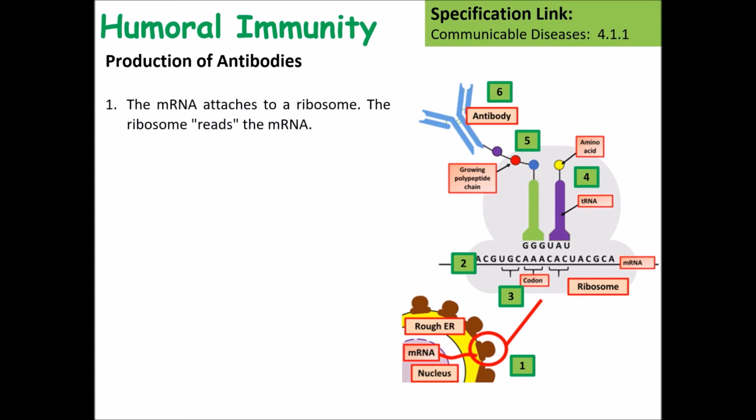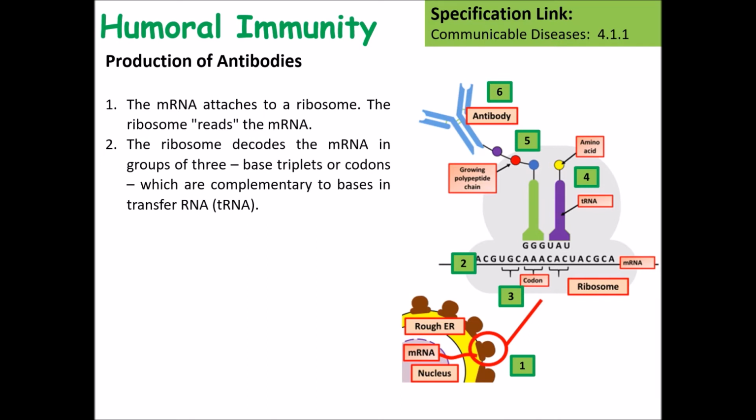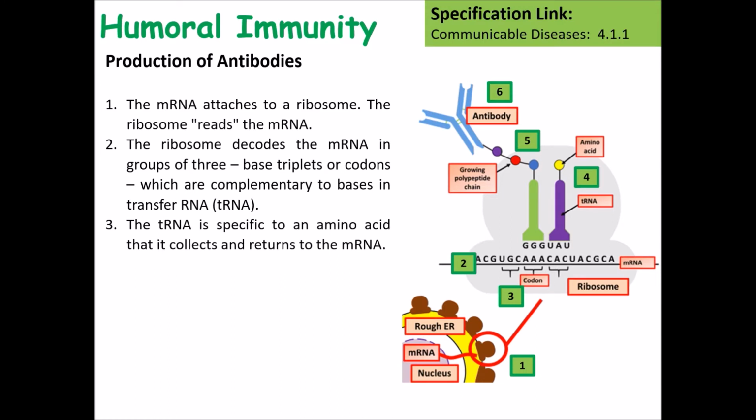The messenger RNA attaches to a ribosome, and the ribosome reads that messenger RNA. The ribosome decodes the messenger RNA in groups of 3. The groups of 3, remember, are called codons, and complementary transport RNAs bind to each of those codons. The transport RNA is specific to an amino acid that it collects before returning to the messenger RNA.